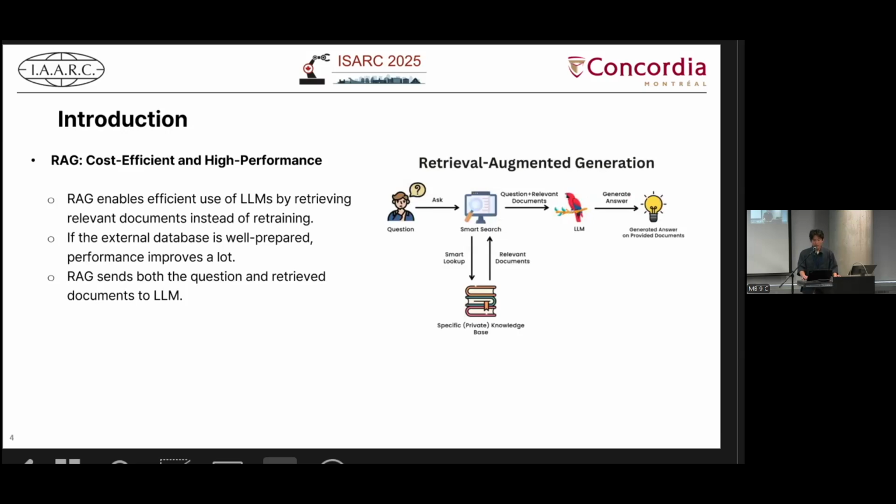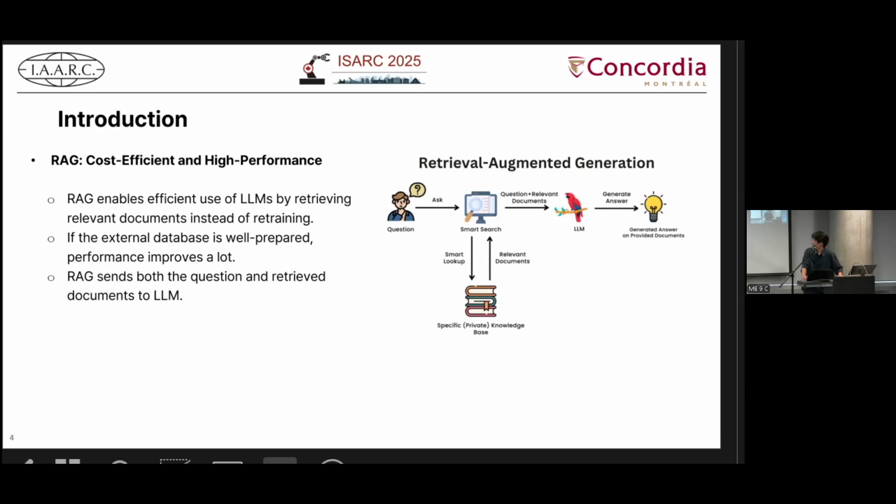So Retrieval-Augmented Generation, or RAG, has emerged as a solution that can reduce the cost problem of fine-tuning. The key idea is simple: add an external database containing domain-specific knowledge to the standard LLM pipeline. This allows the LLM to refer to that knowledge when generating answers.